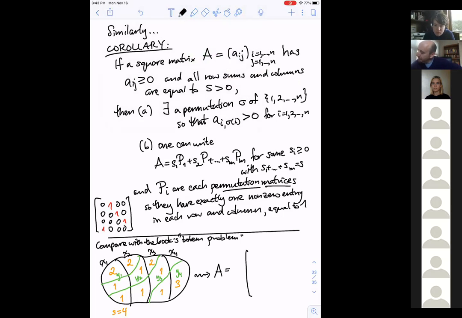A is going to have its rows and columns. Rows are the X's. Columns are the Y's. The entry A_ij is the overlap between the X region and the Y region, the area. So for example, this 3 right here is the X4, Y4 entry.